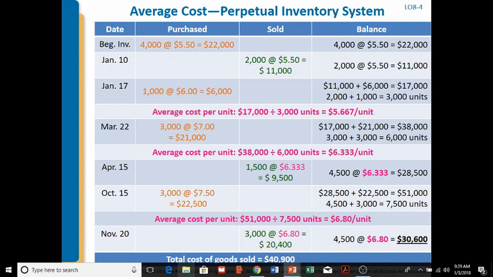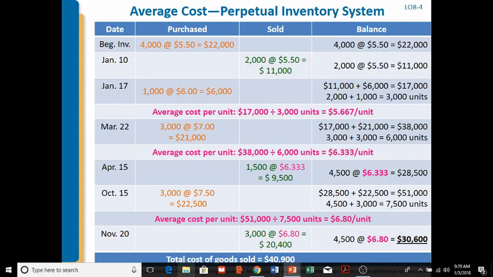On January 10, we sell 2,000 of those units. So after that sale, we have remaining 2,000 units at $5.50, so exactly half, 11,000. And then on January 17, we purchased 1,000. So we've got to take the 2,000 plus the 1,000 units.